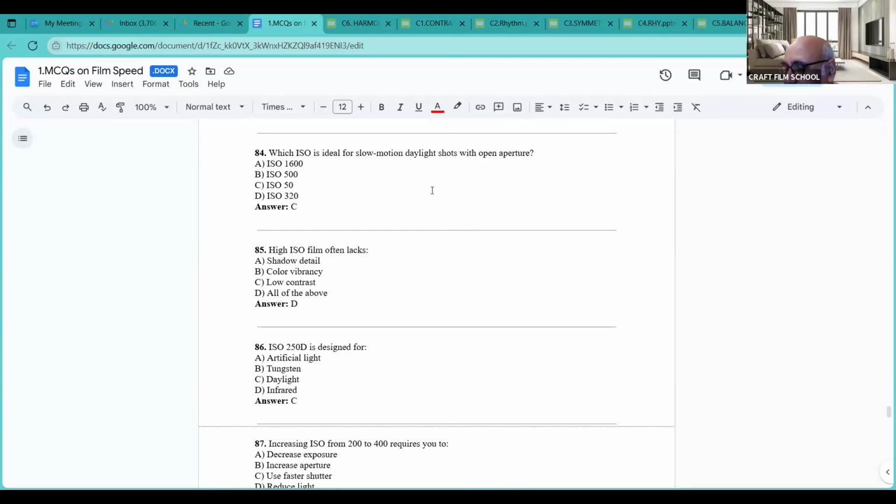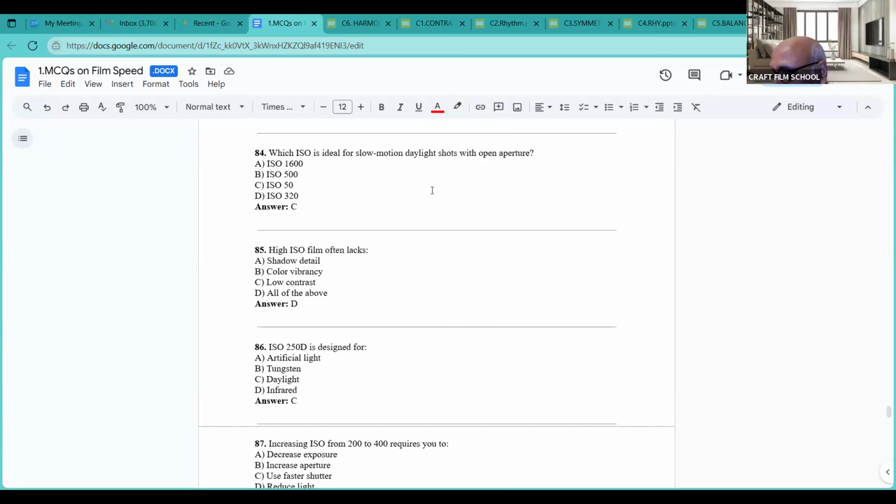So if this is my exposure and I have to take a slow motion shot, what am I going to do? When you do the slow motion, what exactly happens? So this is 24 frame. 1/60 means 24 frame per second.